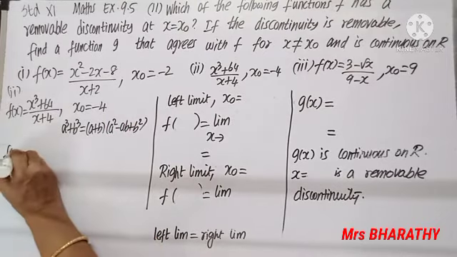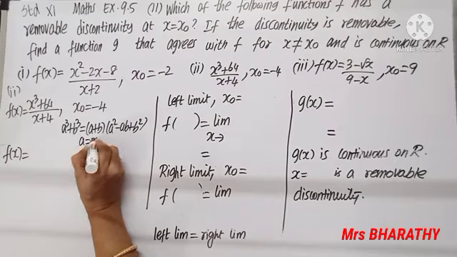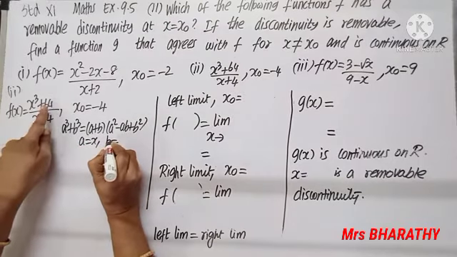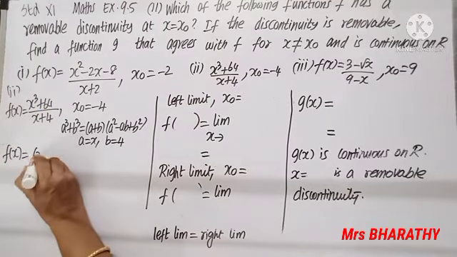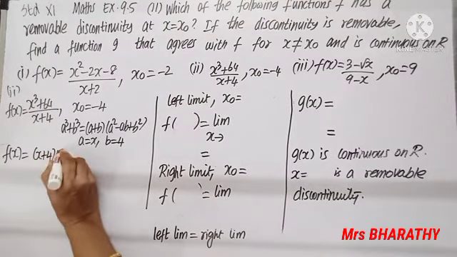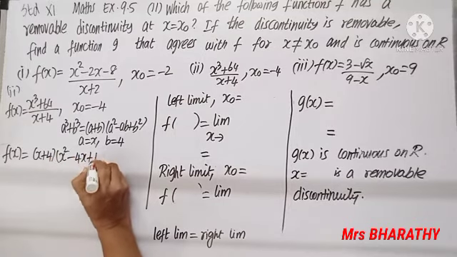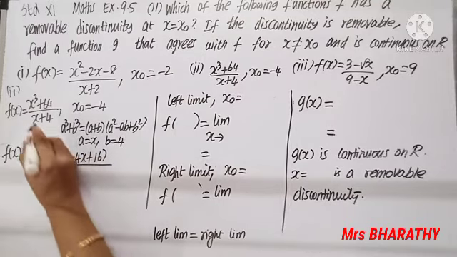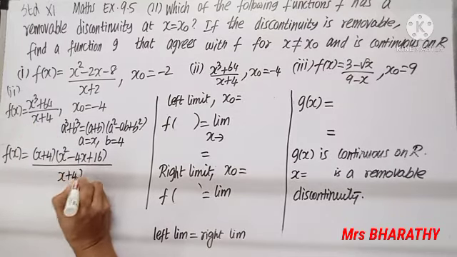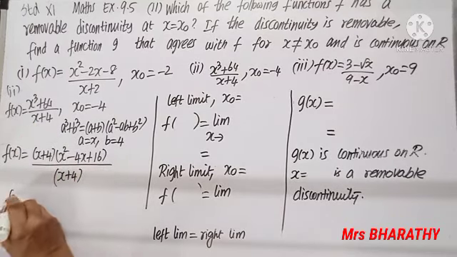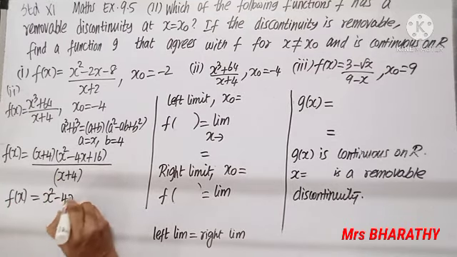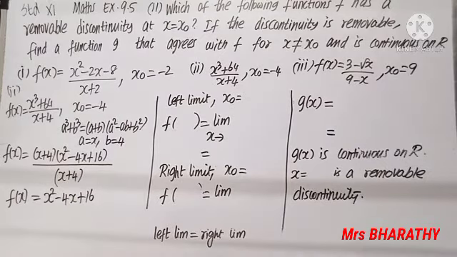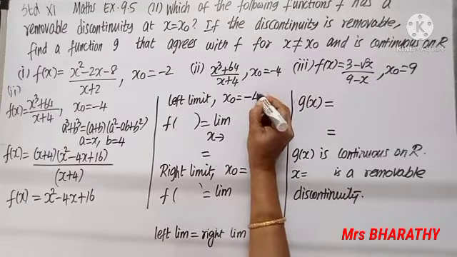As we substitute, here a value is x and b value 64 can be written as 4 cube. So it will be x plus 4 into x square minus 4x plus 4 square, which is 16. Denominator x plus 4. As we cancel the like term, I get f of x is x square minus 4x plus 16.